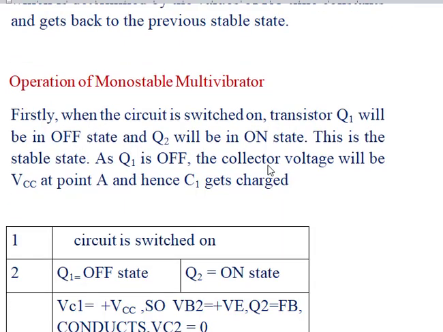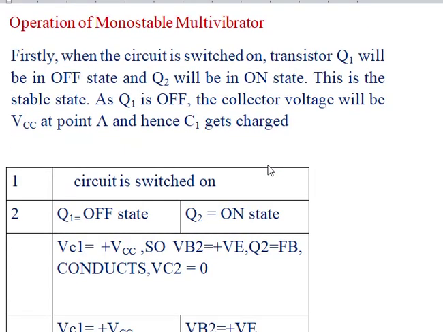Now we will discuss how a monostable multivibrator works. Initially, let us consider when the circuit is switched on, transistor Q1 will be in the off state and Q2 will be in the on state. This is a stable state. As Q1, the first transistor, is off, its collector voltage Vc1 is about +Vcc.